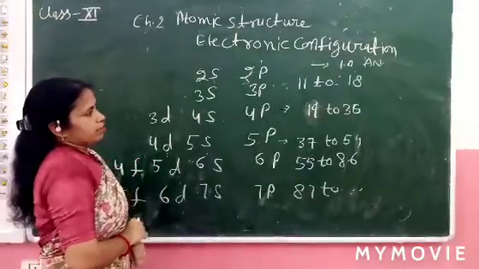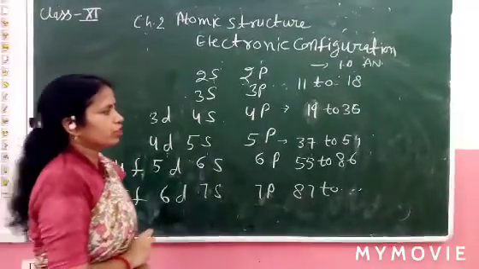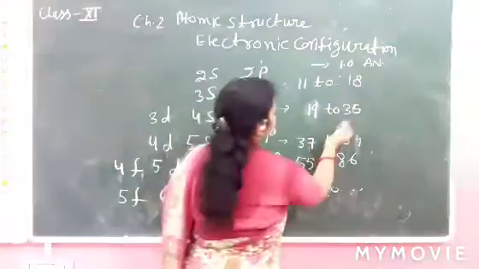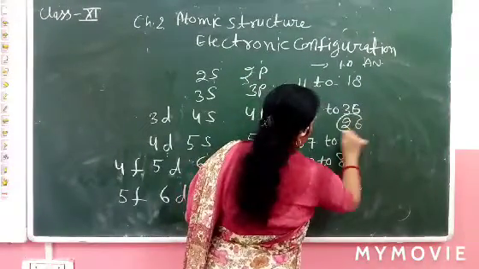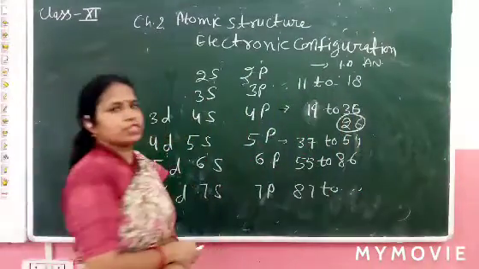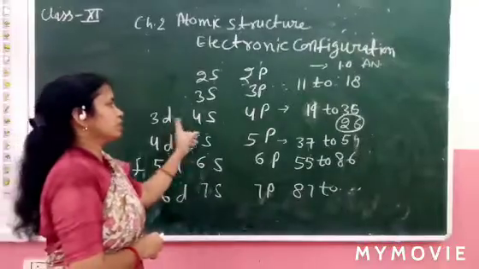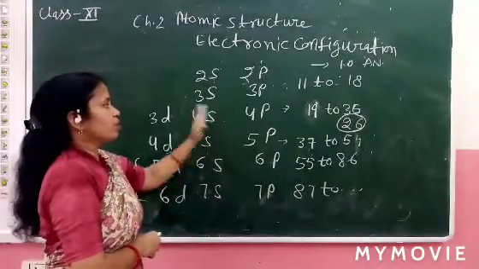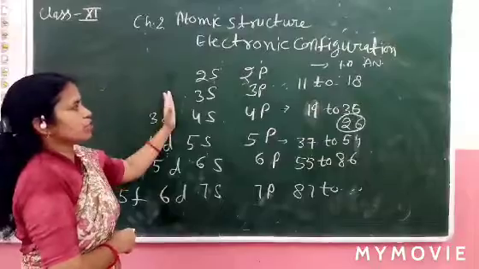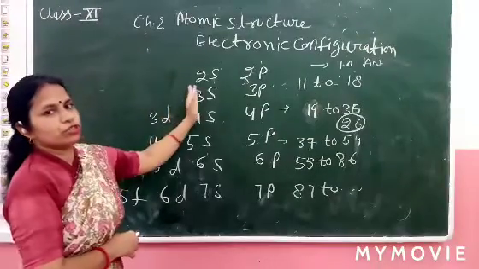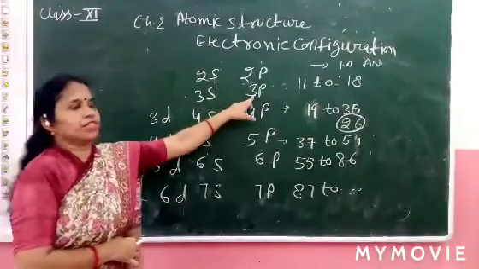Now let's take an example. Suppose we have to fill 26 electrons. So which series do we have to use? This. Before this, argon: 1s2, 2s2, 2p6, 3s2, 3p6, up to argon.